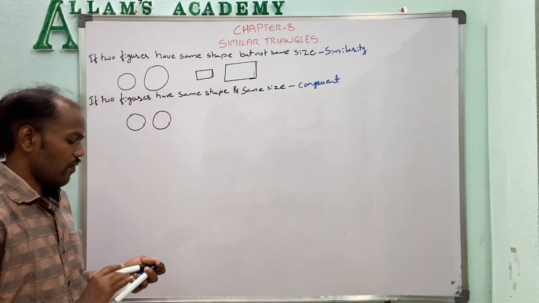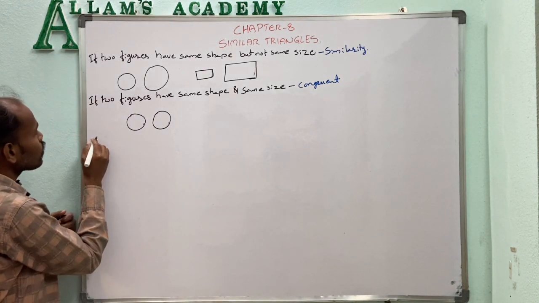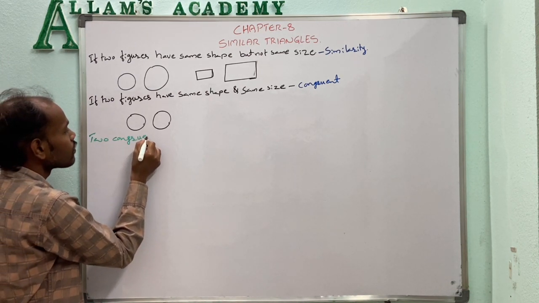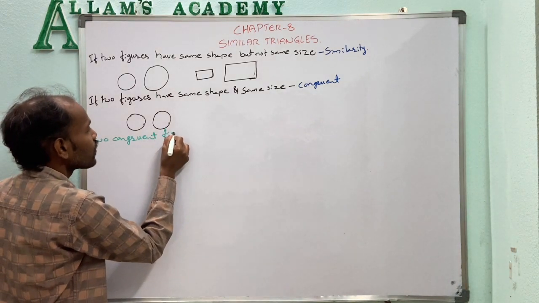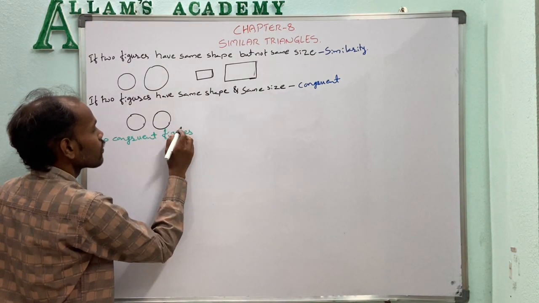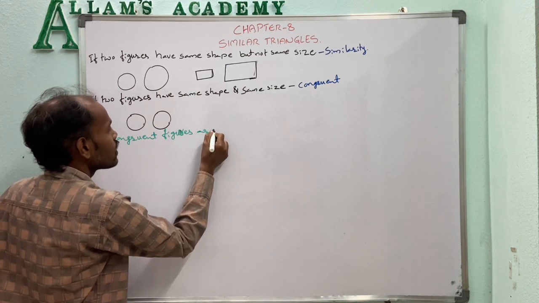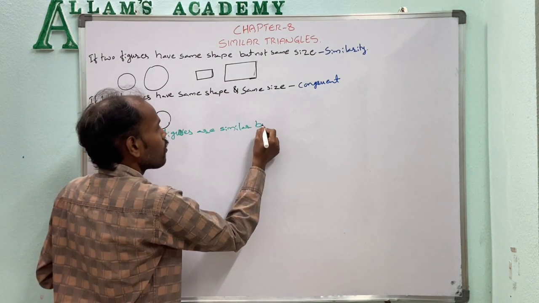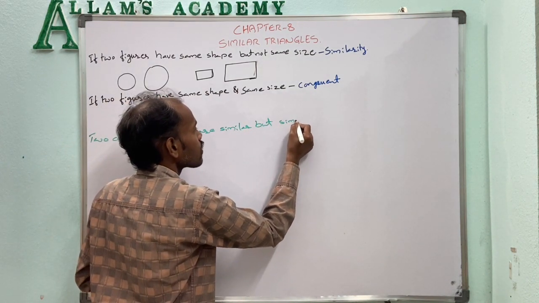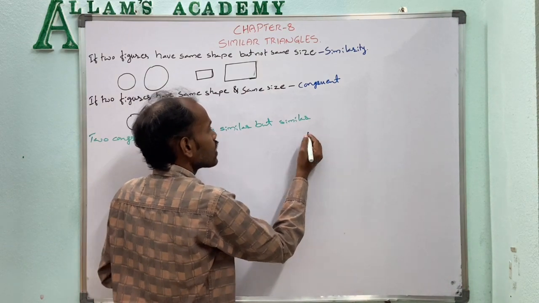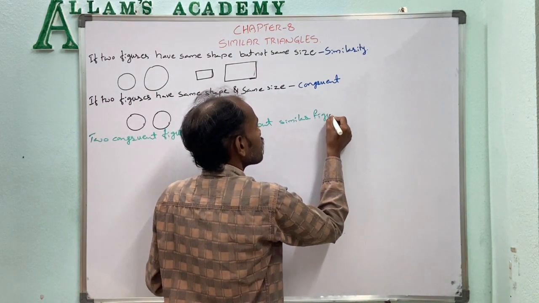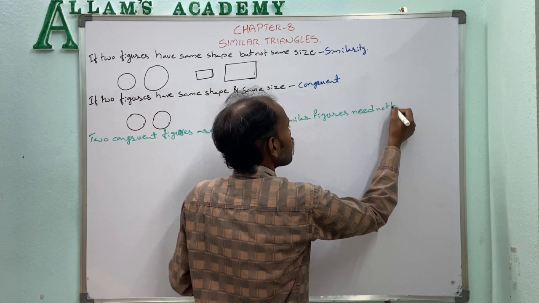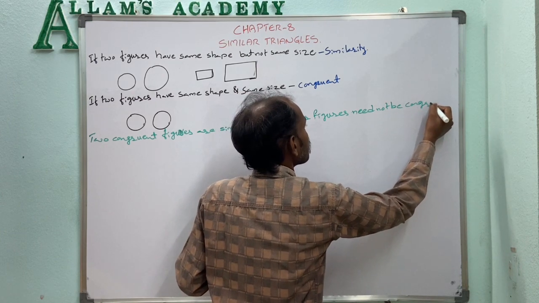So by this we conclude that two congruent figures are similar, but similar figures need not be congruent.